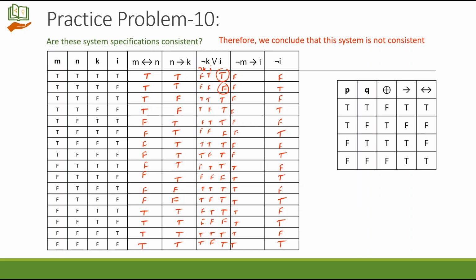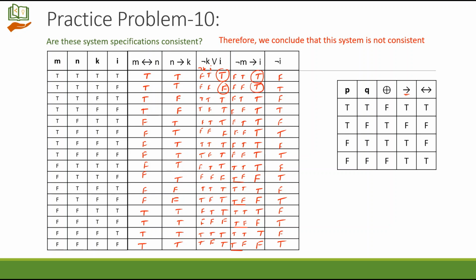Now we have to go with the I value again. Now we have to see a condition where the hypothesis is true and the conclusion is false for this implication operator. The first 8 rows will have true only. What about T and F? Here it is F, it is F, it is F and it is F. So the remaining places will have true.